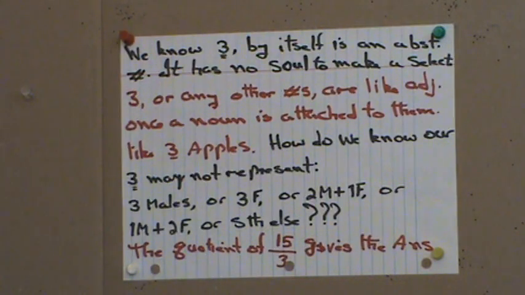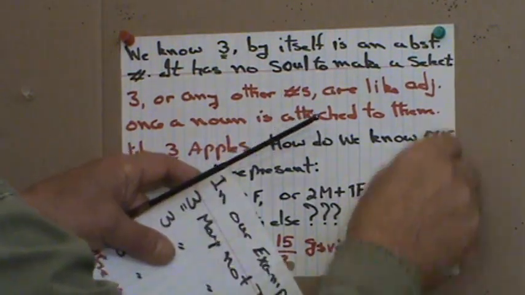Is that right? Now the question of 15 divided by 3 gives the answer to all these questions. Now let's see how we can discuss those answers.